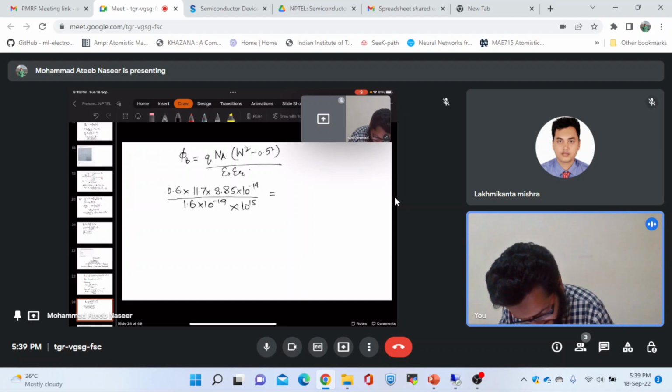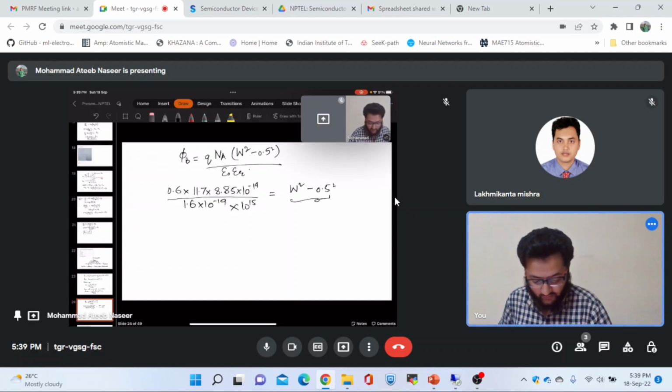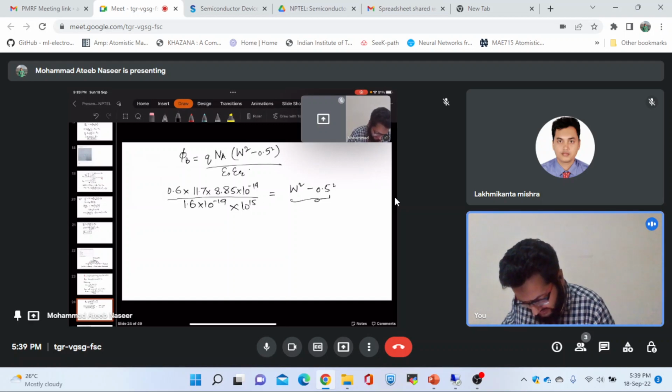So this is W square minus 0.5 square. Be careful about the units because in here this is in micrometer square and over here I am doing it in centimeters. So we have to be careful while substituting the values. I will just solve it on my calculator.